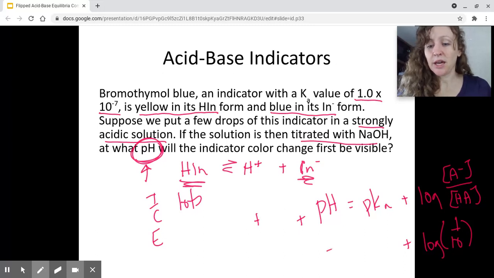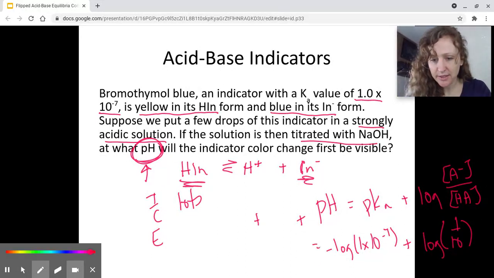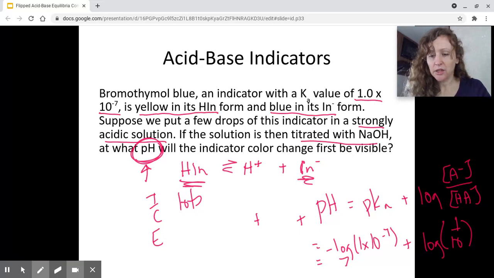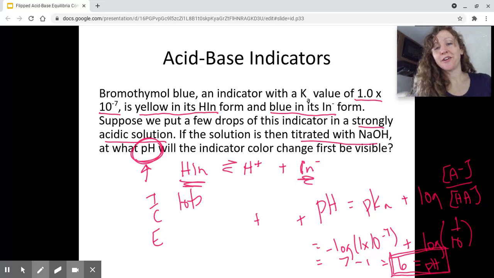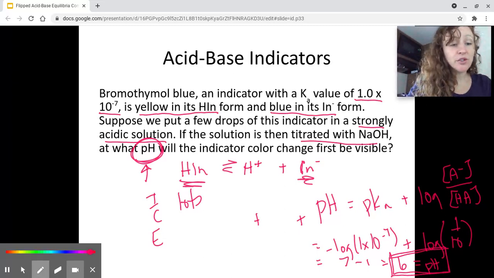We know the pKa, negative log of 1 times 10 to the negative 7th. And then we can calculate pH. Okay, so if we plug all this in, this is going to be a 7. Log of 0.1 is going to be a negative 1. And so at a pH of 6, we're going to be able to perceive a change. Okay, so good things to know.